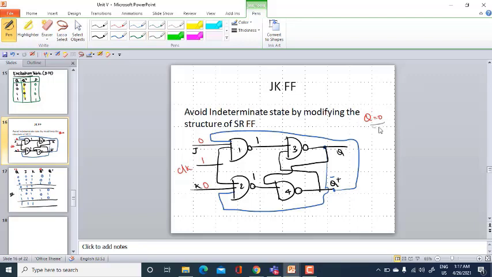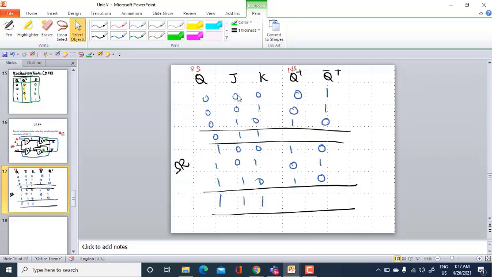The previous state is 0, so this Q goes here, this is 0, so this will be 1, and with 1 and 1 this is 0. See here we have 0 here and 1 over here. So whenever you have the input combination 0 and 0, I am getting 0 and 1. This is verified, this is validated now.